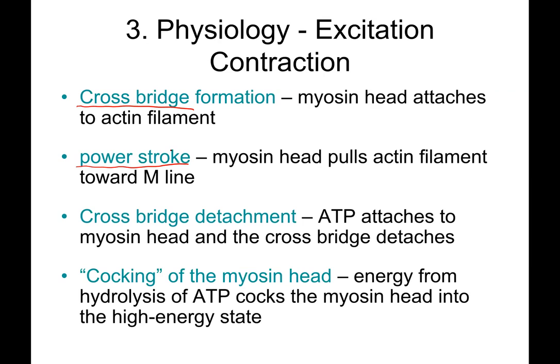And then anytime myosin lets go, we call that the cross bridge detachment. And then cocking of the myosin head means that myosin's sort of lifting up and it's getting ready to attach to actin. That's what that term means.